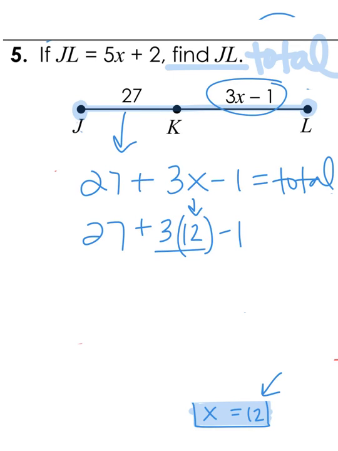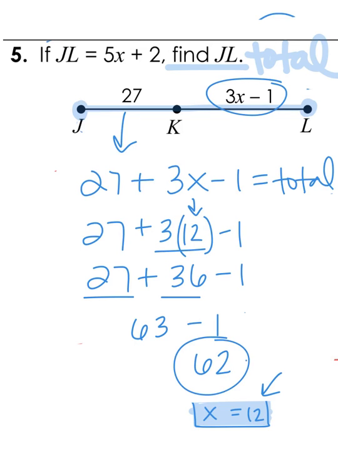So 3 times 12 is 36. 27 plus 36 minus 1 will give me, let's see here, 27 plus 36 is 63. Minus 1 is 62. That's the total for line segment JL. So 2 steps here. We solved for x first, and then we plugged it back into what we needed to find what the question was asking for.